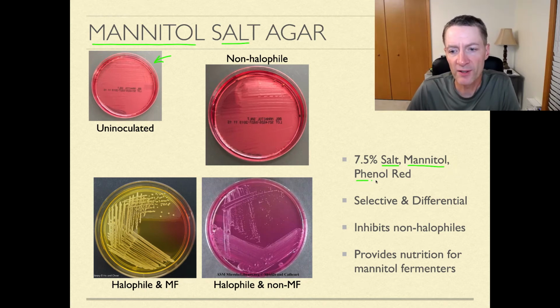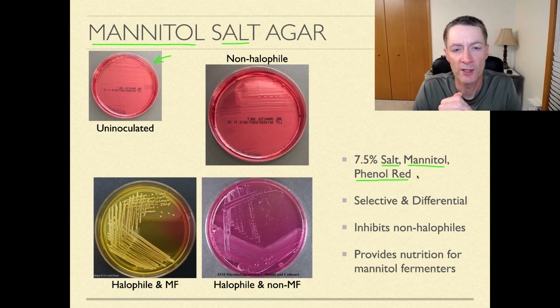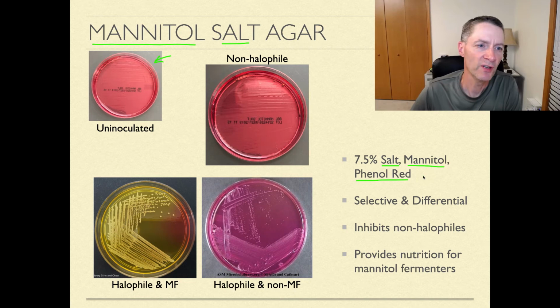And the other thing we see in this plate is a phenol red pH indicator. Now, phenol red is going to be a pink color when it's basic, a red color when it's more neutral. So what we see here is a relatively red color in a more neutral environment, okay?